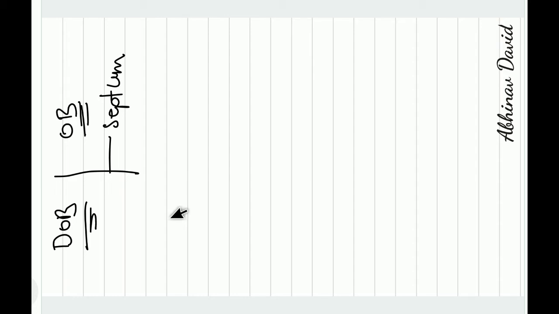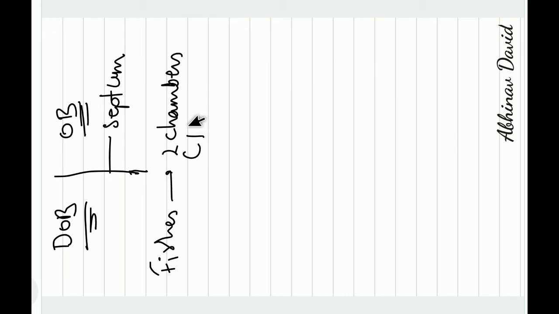Why is it like that? You have already studied how many chambers fishes have in the heart. Fishes have 2 chambers, meaning one auricle and one ventricle.